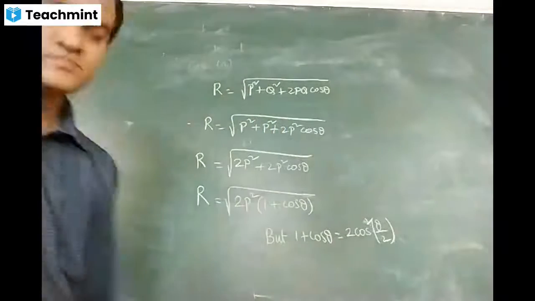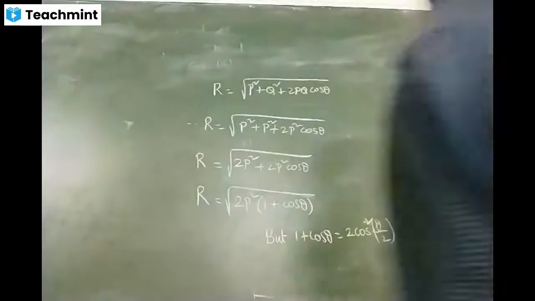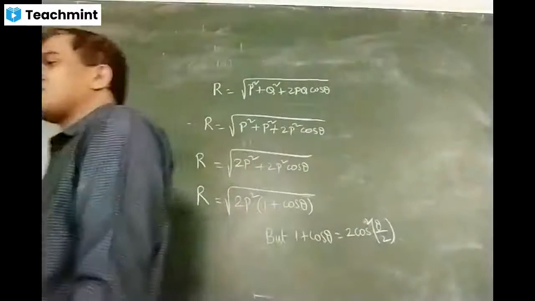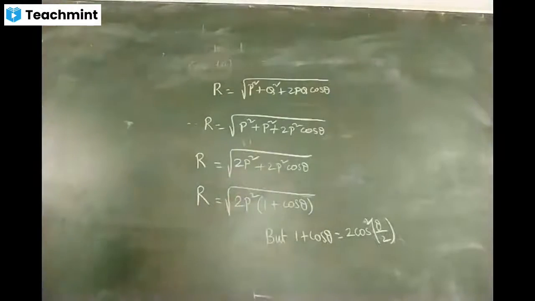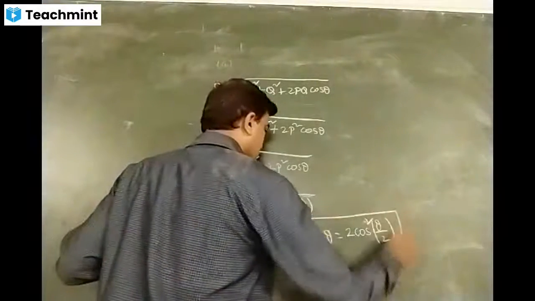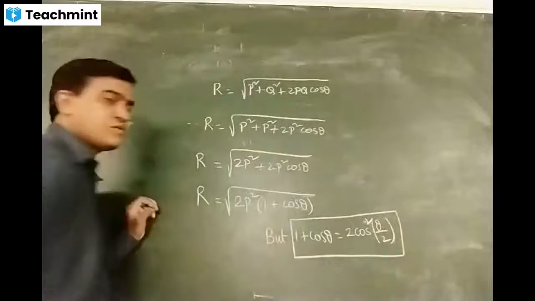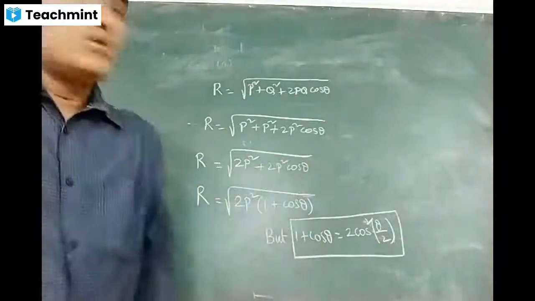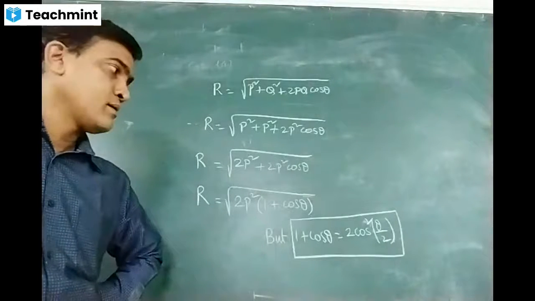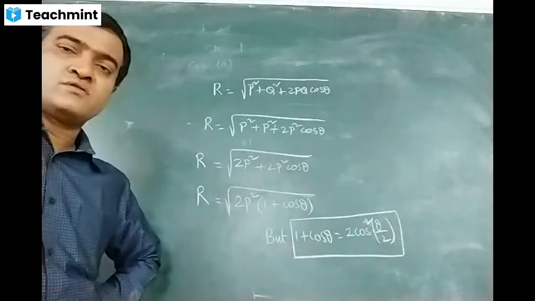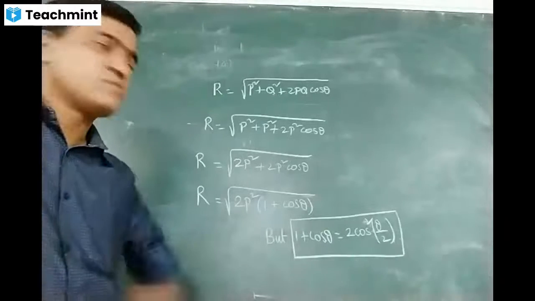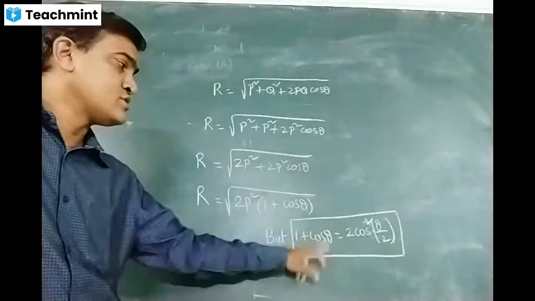Important formula. If you don't know, note it down. Learn it by heart: 1 plus cos theta is equal to 2 cos square theta by 2. Very important. This I will discuss, but for the time being, remember the formula and substitute this value here.